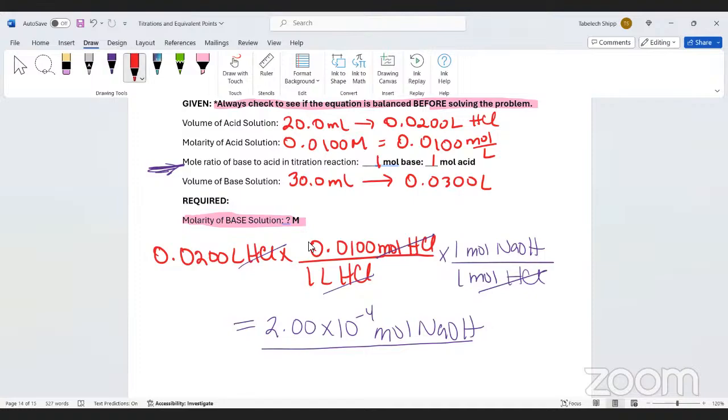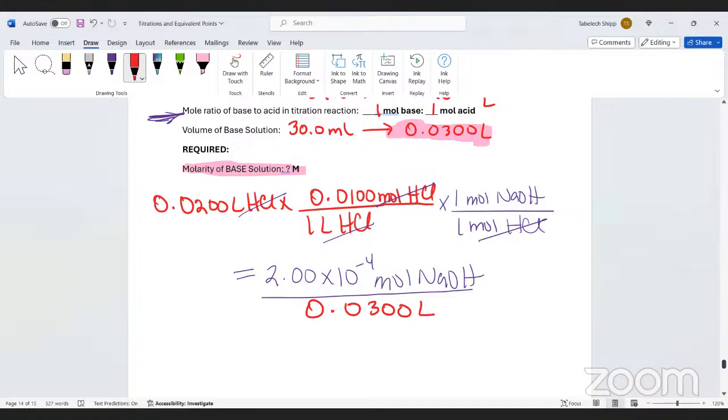You're going to divide by that last number that we did not use, okay? We did not use the 0.0300 liters of that base. So we're going to put that on the very bottom, 0.0300 liters. And so we're going to divide that number by 0.0300, and we get, and y'all, I know some people say, oh, that's the devil number.